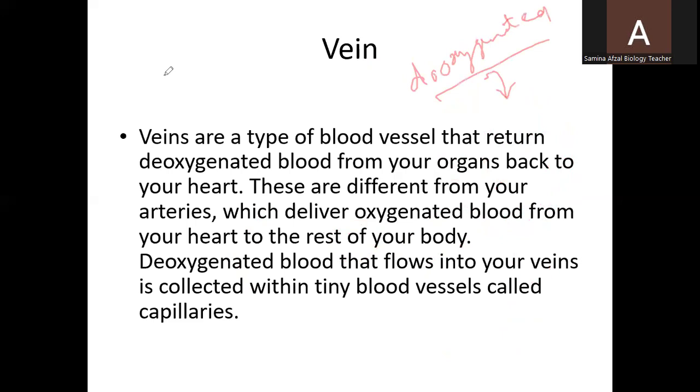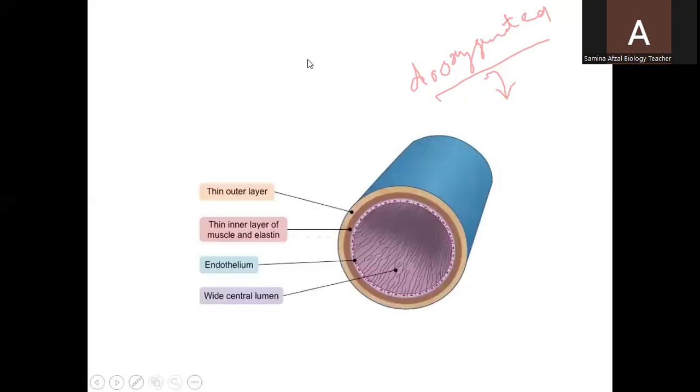So in the next slide, I would like to show you the structure of a vein. You can see that it has a large diameter, as compared to an artery. So a large lumen.